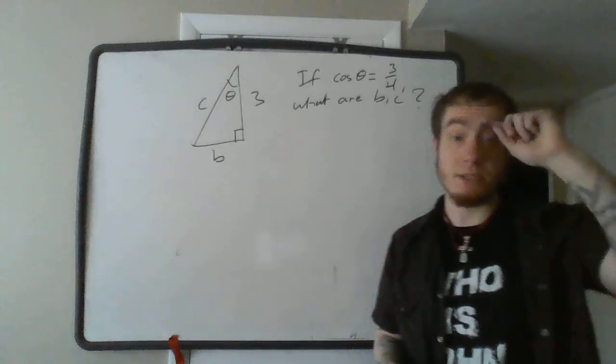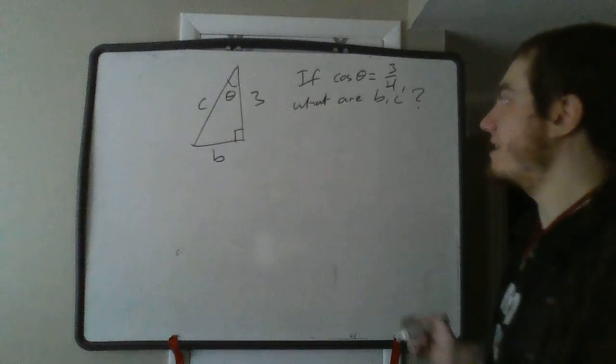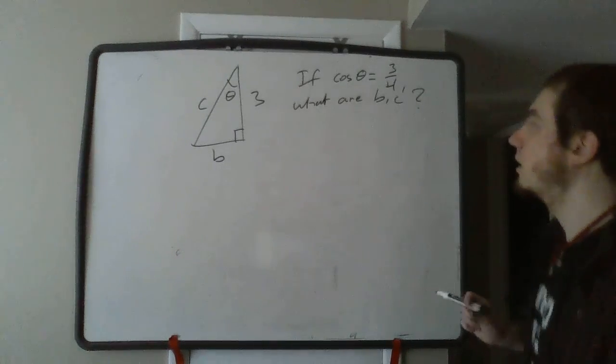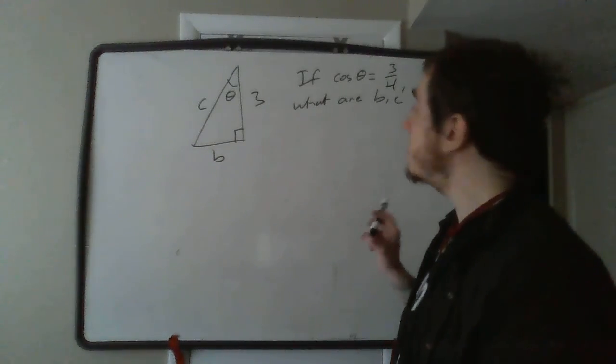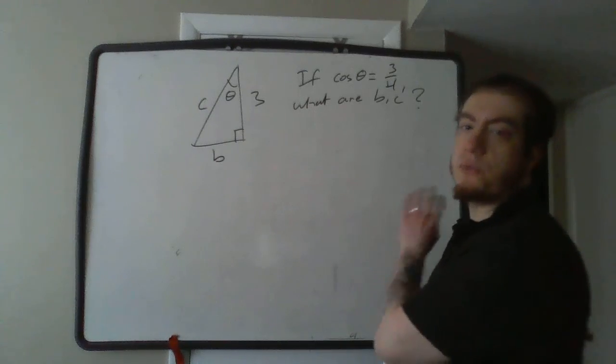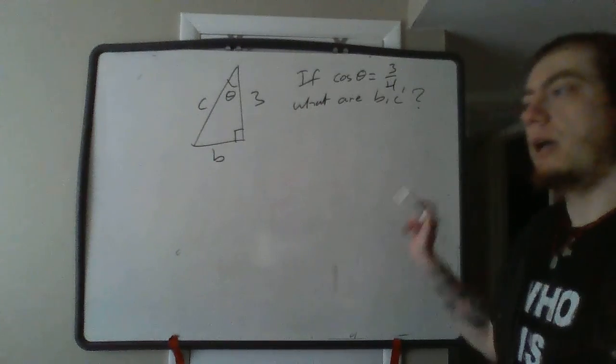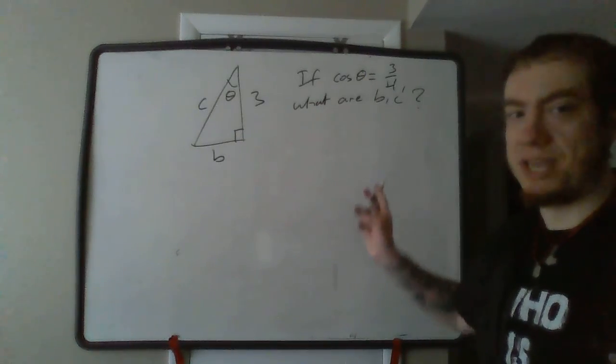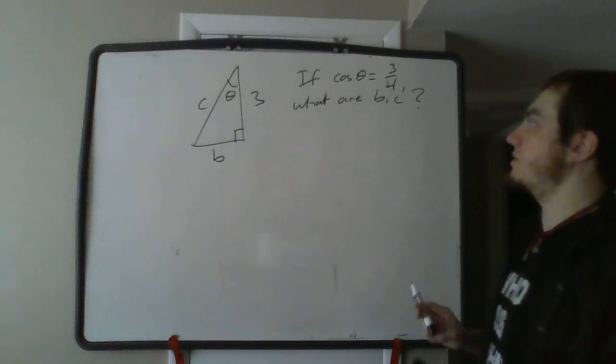Now, take a few minutes here before you watch what I do and see if you can figure out the answer to this question. All right, so the way that we have to do this is similar to what we did before, but it is going to involve slightly different equations, though the reasoning is still the same.